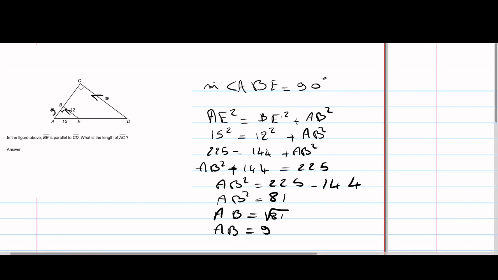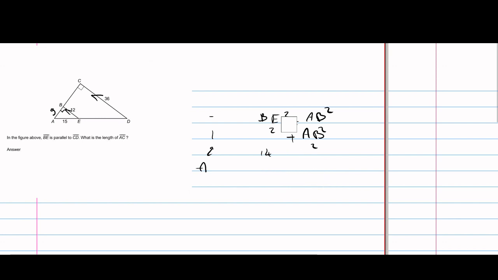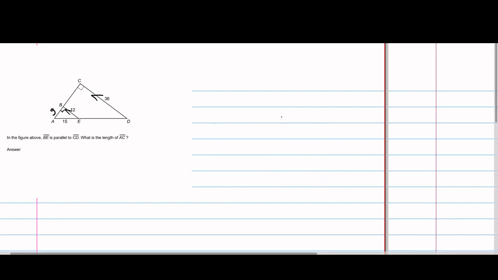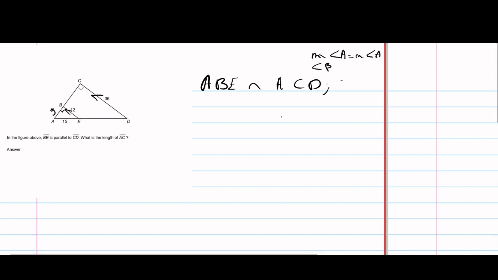I found AB. Now, I should erase this. Now, the triangle ABE is similar to ACD because I have measure of angle A is equal to the measure of angle A, and angle B is equal to angle C. Both of them are right triangles.